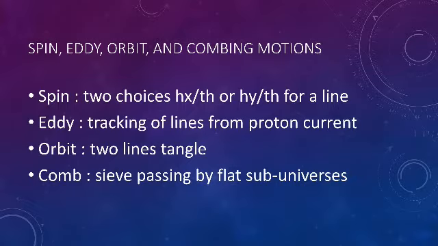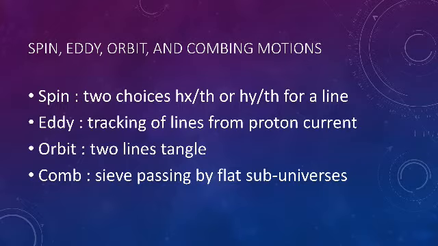Now, an eddy is the tracking of lines from a proton current. So like in iron, where there's a proton current in the nucleus, the eddy current is electrons going in a circle, and lines are connecting the proton current to the electron current, and that tracking makes a vortex.